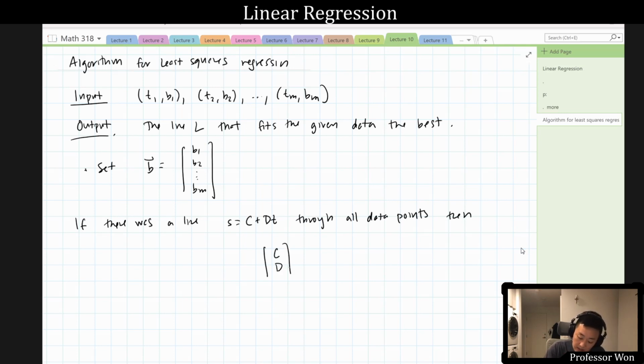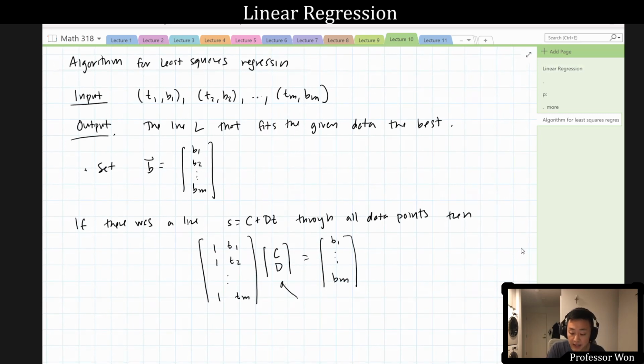Let me just write this down first before saying what I'm trying to say. You would be able to solve this for C and D such that you would get C plus D times T1 was B1, C plus D times T2 was B2, C plus D times Tm would be Bm.